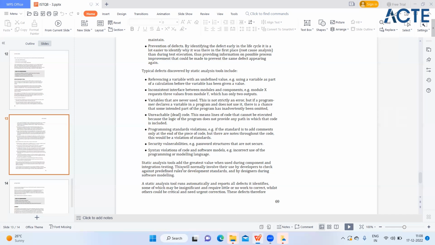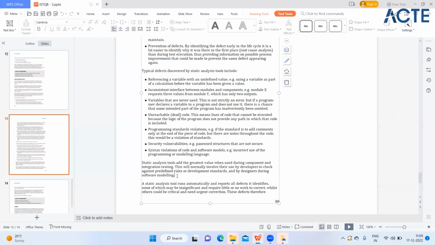Static analysis tools are of the greatest value when used during component and integration testing. This will normally involve their use by developers to check against predefined rules or development standards, and by designers during software modeling. So now they are defining static testing in terms of developers and designers.